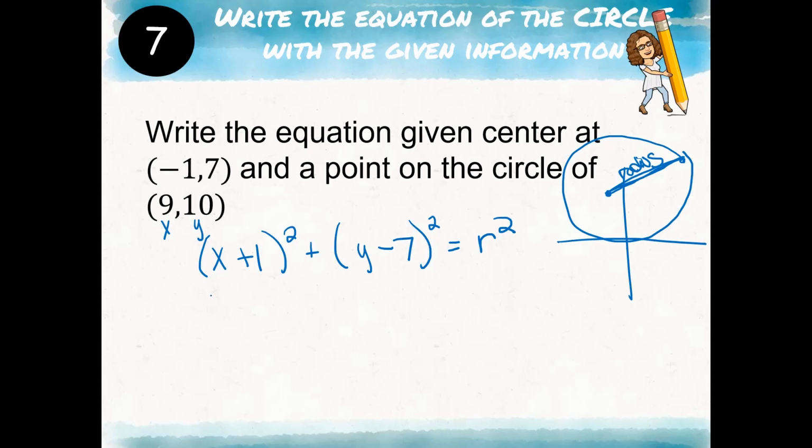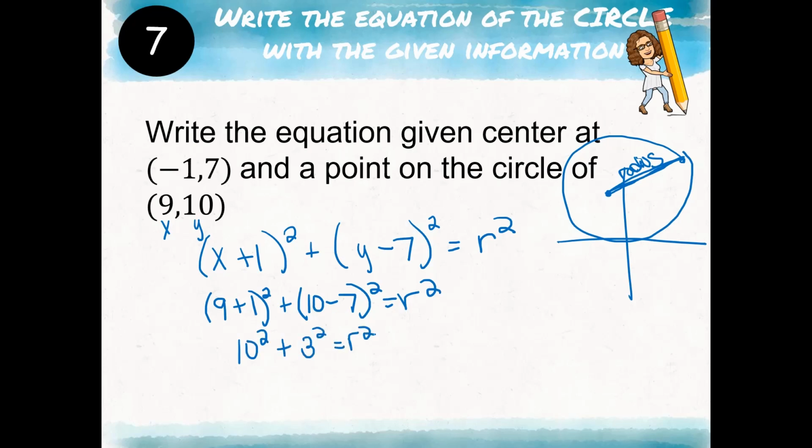Let's try it. So let me plug in my X. Let me plug in my Y. Now I just have one variable. Let's solve for the radius. So I got 10 squared plus 3 squared is equal to R squared.